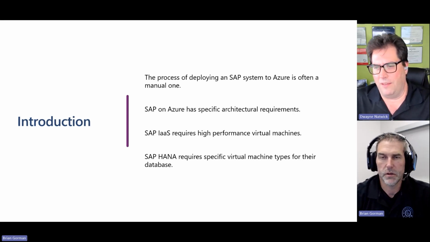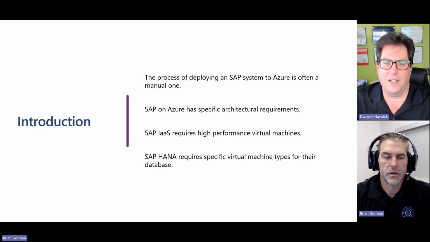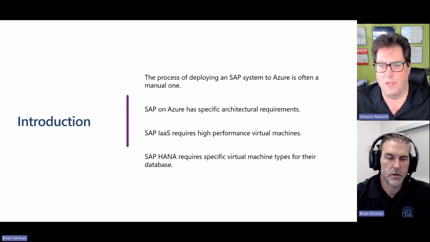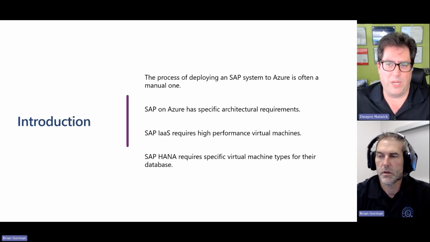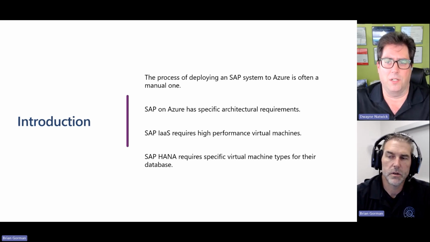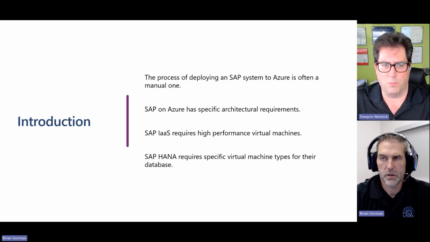The HANA database still has a very specific aspect to how it gets deployed, and those are the key takeaways and key understandings around an SAP architecture. It's not unlike a typical infrastructure as a service based VM type architecture, except that there are some very specific aspects to deploying SAP, to what the VMs are going to look like for the SAP application as well as the HANA database.